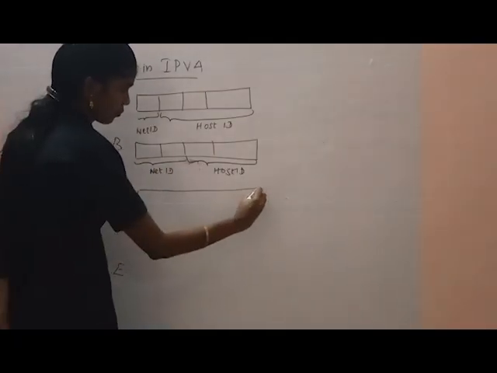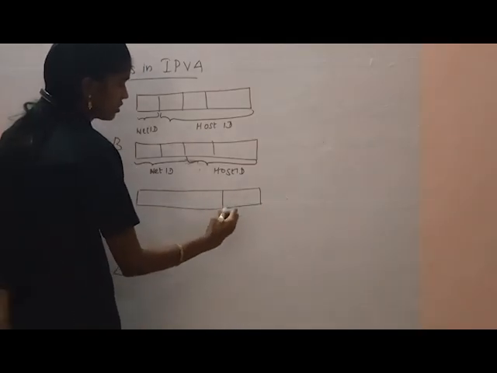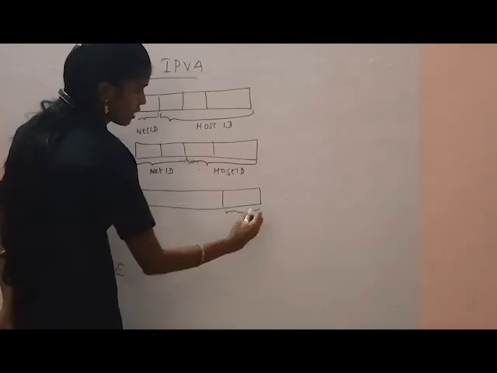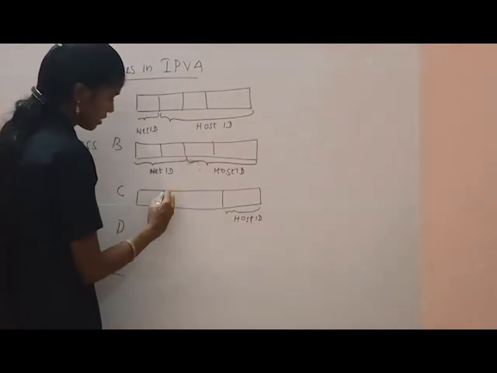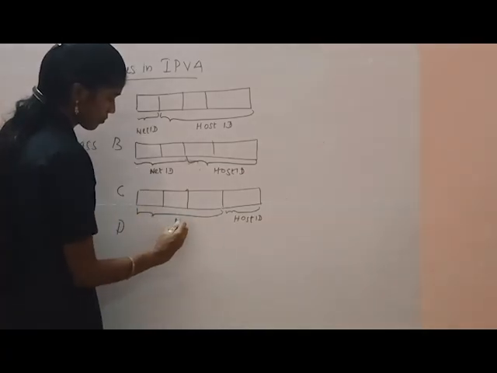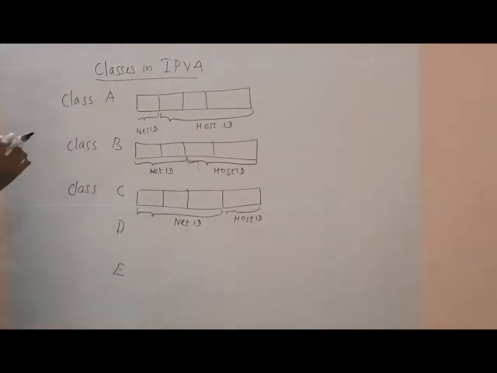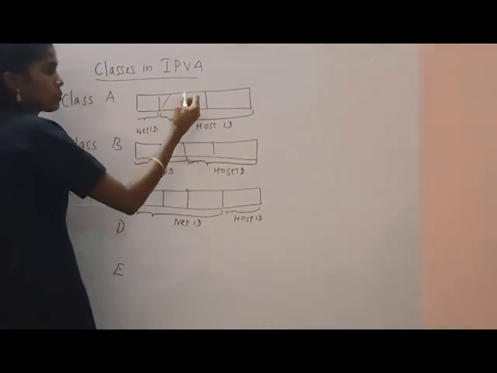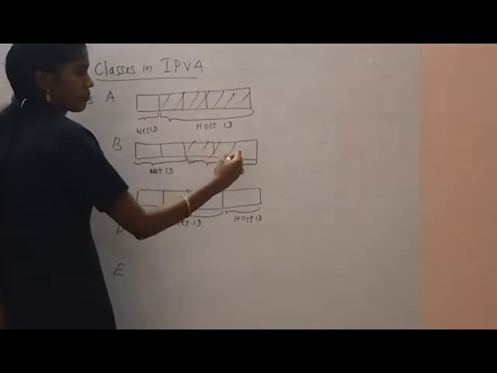Now the Class C portion, here only 1 portion will be used for host ID, and the remaining 3 portions will be used for net ID. Okay, so these portions are called host ID.